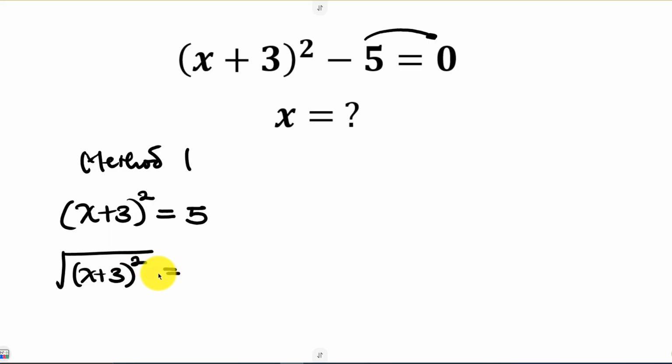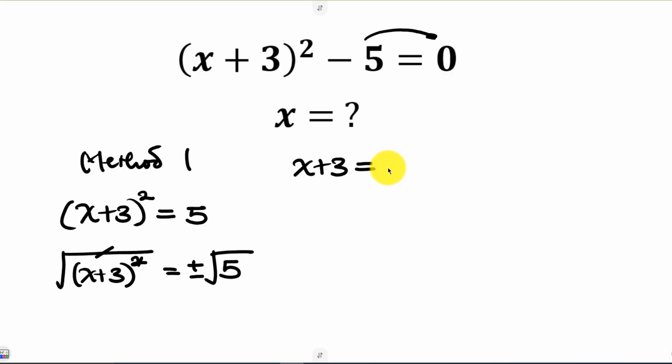This is equal to, when taking the square root of both sides, on the right-hand side we have either plus or minus the square root of the right-hand side, which is 5. Now see that this square root cancels out the square, leaving behind x + 3 on the left-hand side.